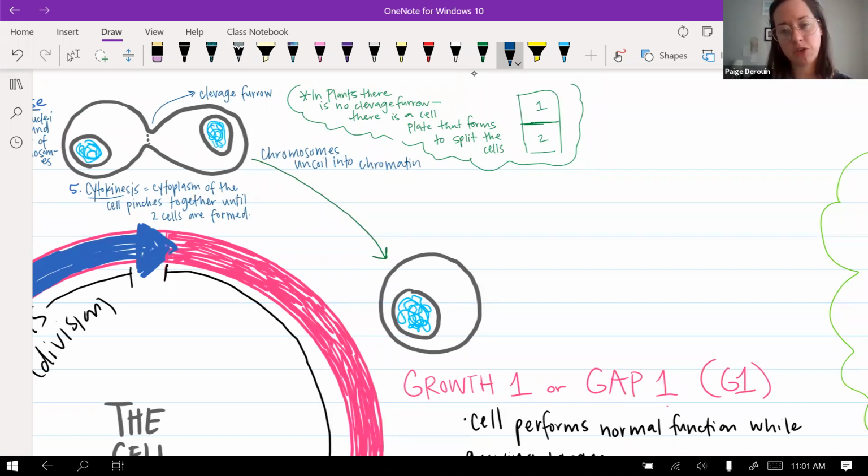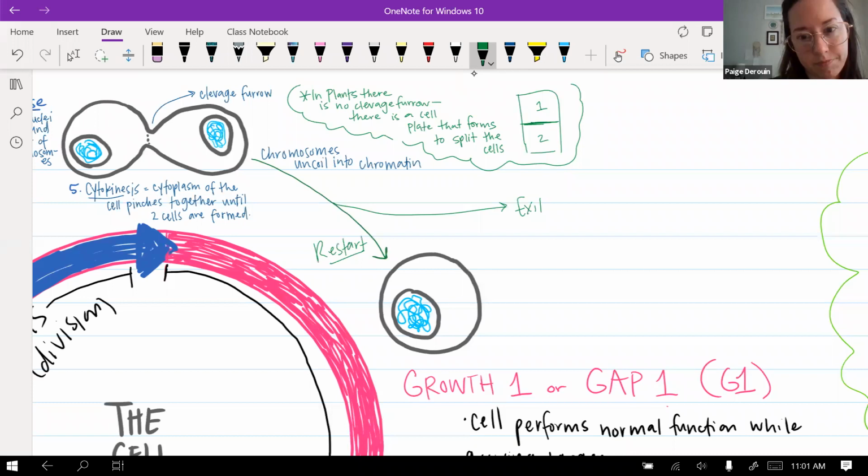And then you have two choices. You can either restart the cycle, which is what this cell's doing, or the cell can actually exit the cell cycle, which is called, again, G0, which means it won't divide anymore.